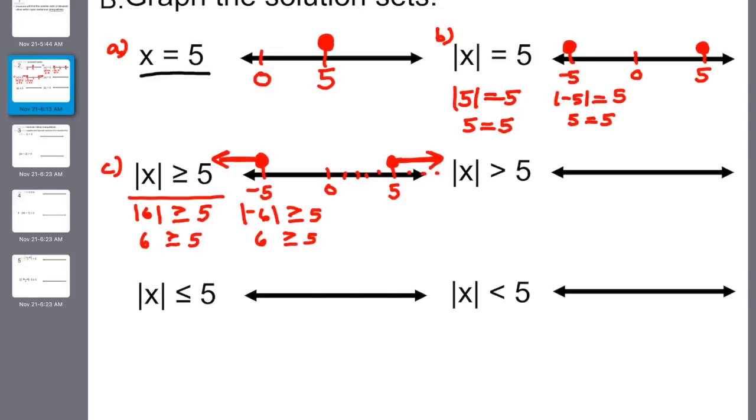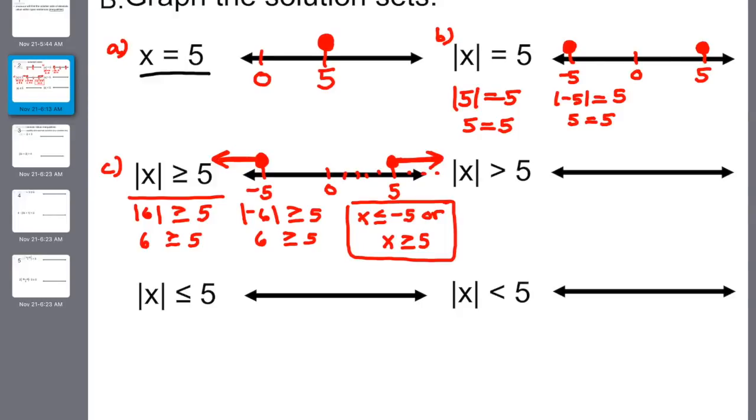Our answers are going to be x is less than or equal to negative 5, or x is greater than or equal to positive 5. Those represent all of the values on the number line that are 5 or more units from 0.